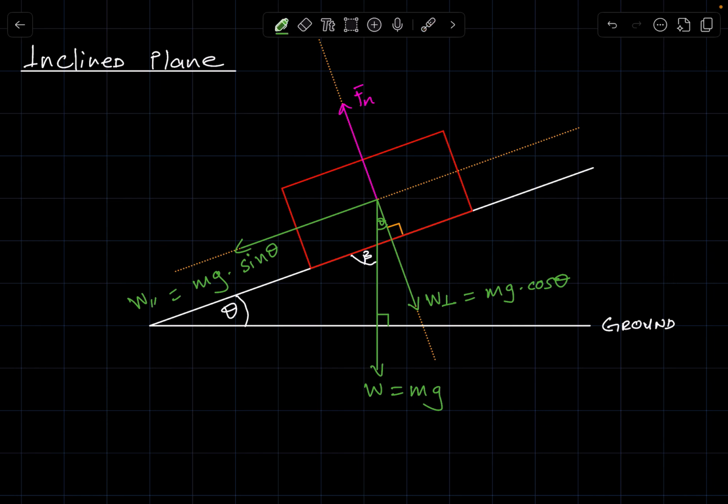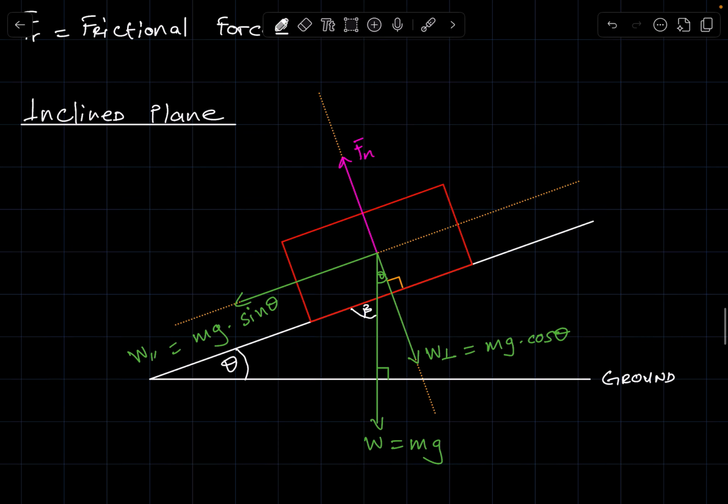And then if a force is now applied, so you get a force going in that direction, you have Ft applied in that direction, and the Ft is enough to move the object up the incline.